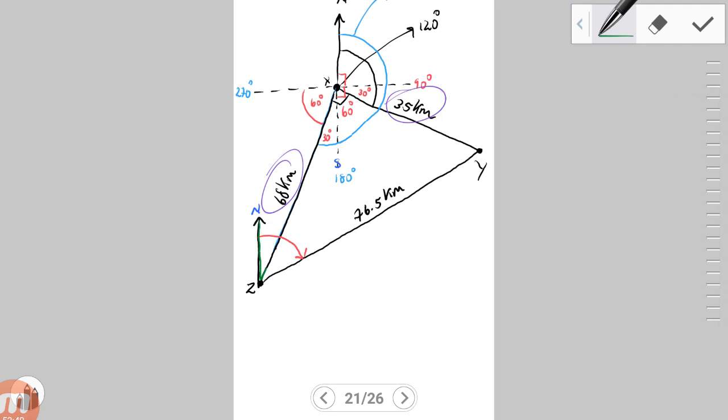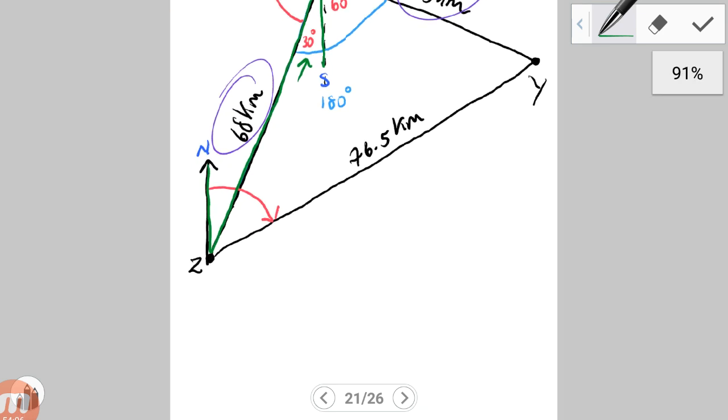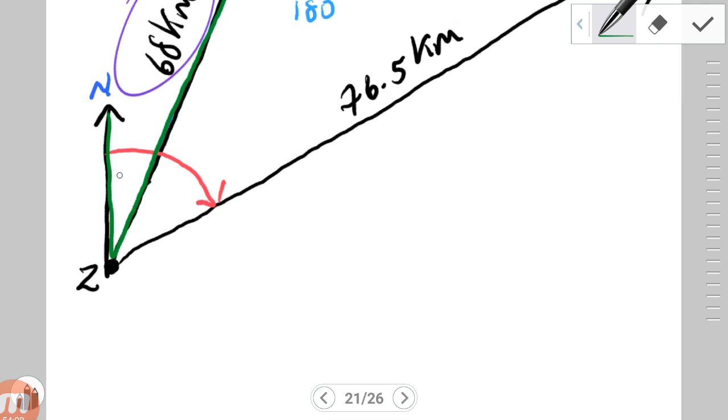North line here parallel to this south line here. So you can see that this 30 degrees comes into play. Remember how earlier we had found it? We never knew that that angle was going to play an important role. So here we can see that this angle inside here works out to be 30 degrees.